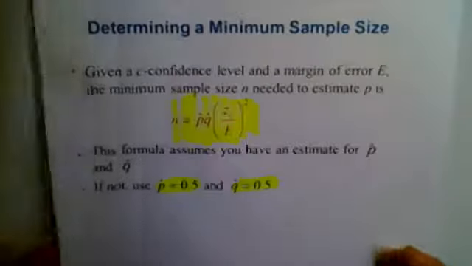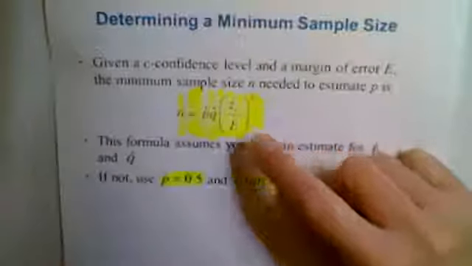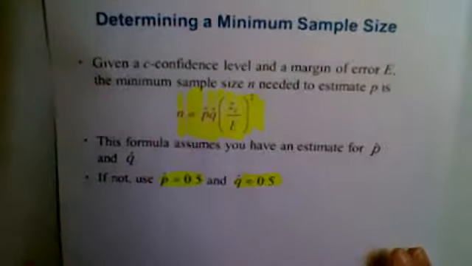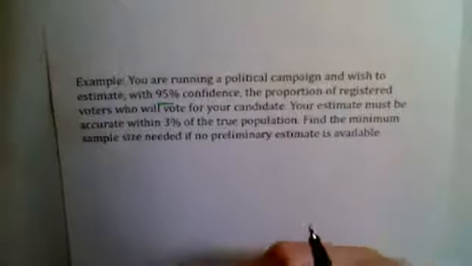All right. So essentially what they've done, they rearranged the error formula that we were using before to solve for n. Okay, so let's just go ahead and do an example. You're running a political campaign and wish to estimate with 95% confidence the proportion of registered voters who will vote for your candidate.